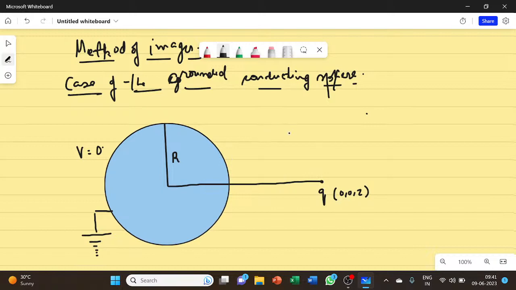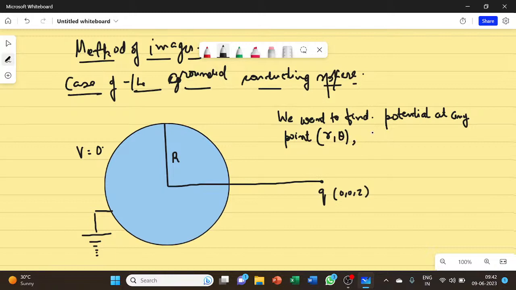We want to find first the potential at any point, let's say as a function of r and theta. We also want to find what will be the induced surface charge distribution.